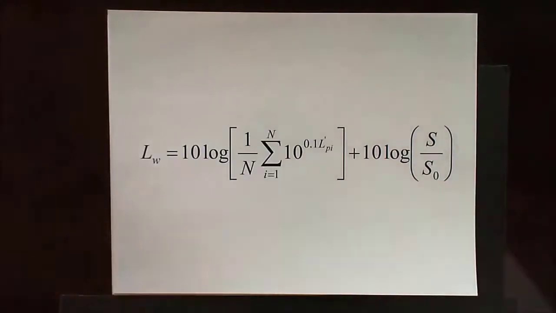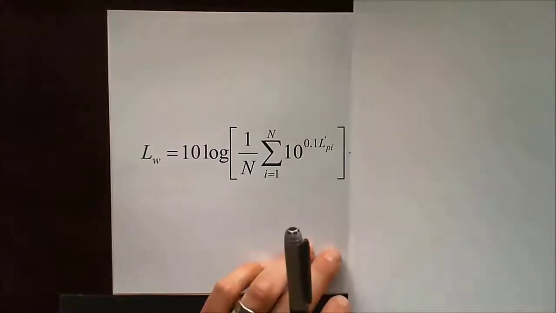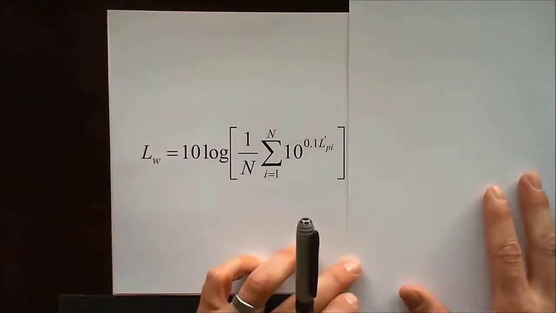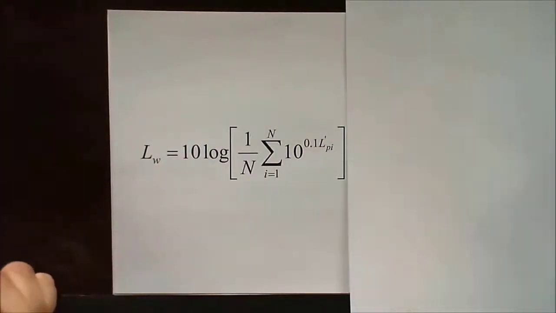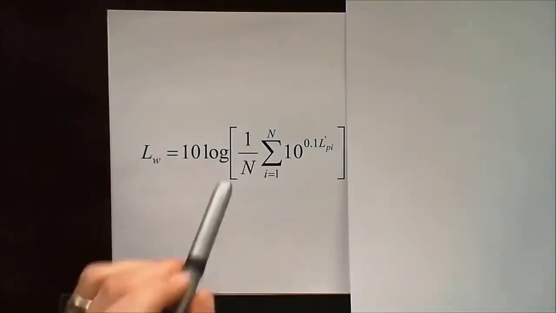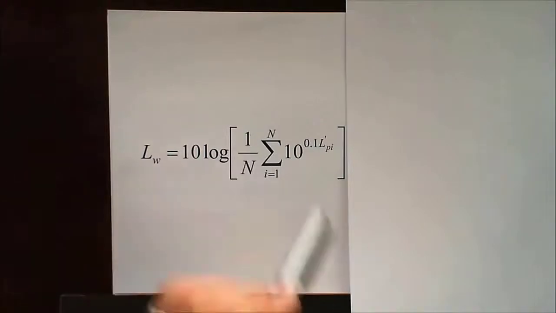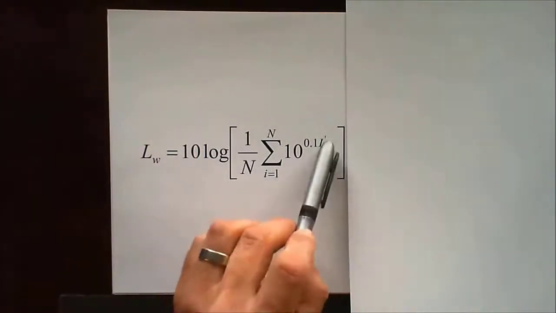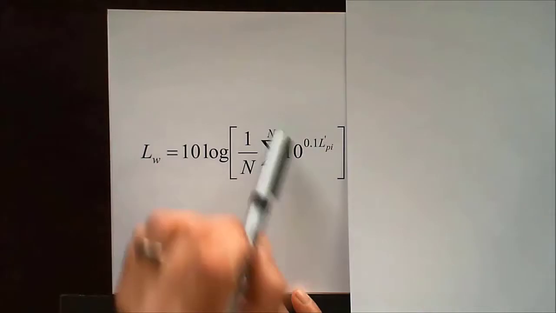Now this is sort of a simplified equation already, but I'm only going to look at a part of it for right now. So if we look at this first term, we see that this is a summation from 1 to n of a sort of energetic average, and then we're dividing by the number of microphones in order to get an average pressure. So these are sound pressures at all of these locations from 1 to n.